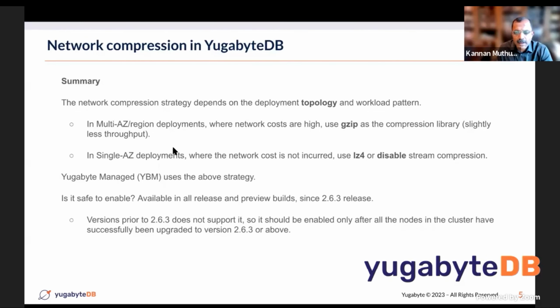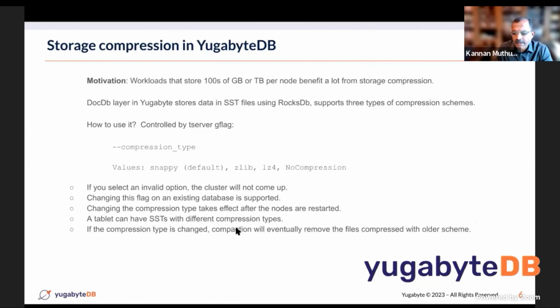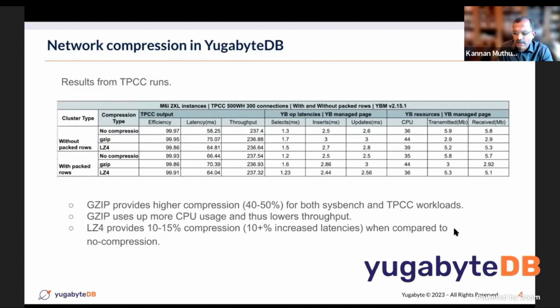One question from the audience is, at what granularity is the data compressed? Is it a streaming-like compression, or is it compressed one row at a time? In terms of granularity, I believe it's at the message level. Like I mentioned, the network compression applies to all kinds of communication, not just the data, so even the messages that are transmitted are compressed.